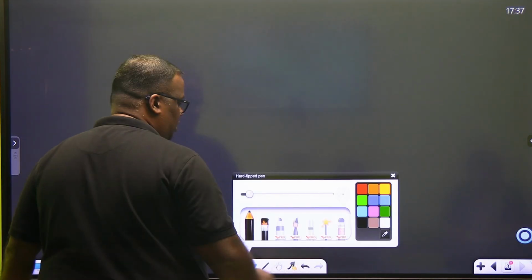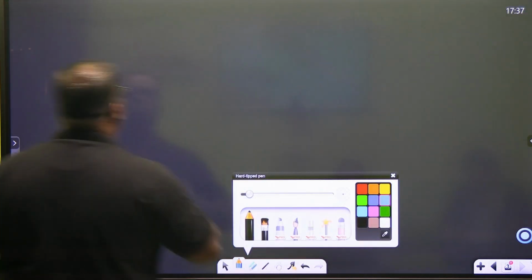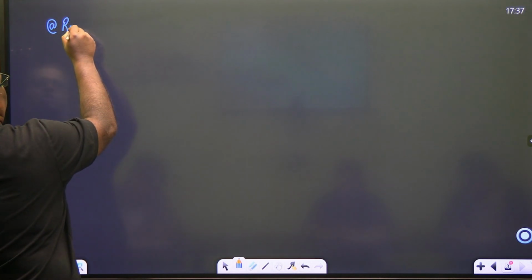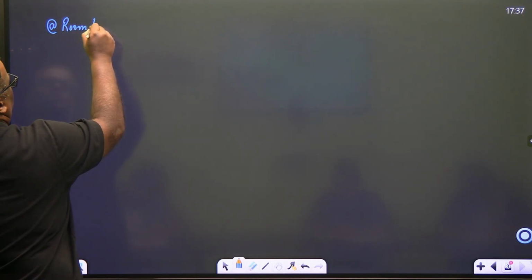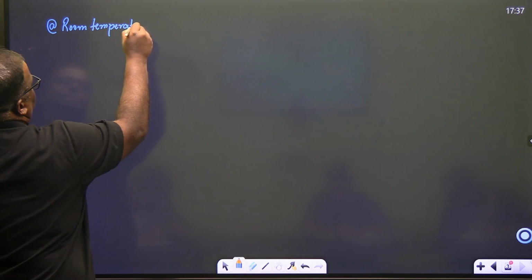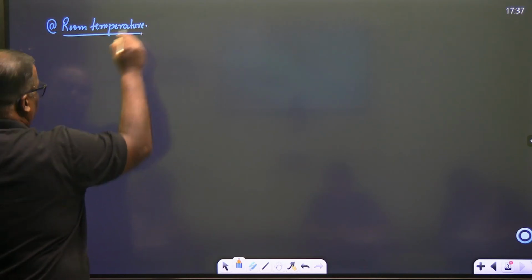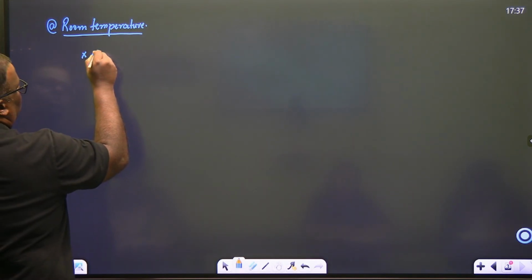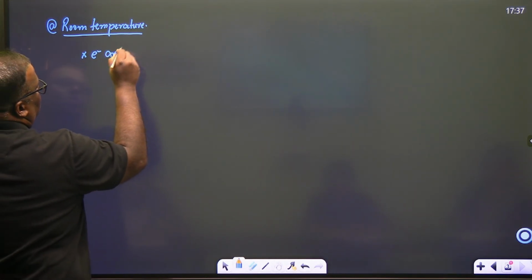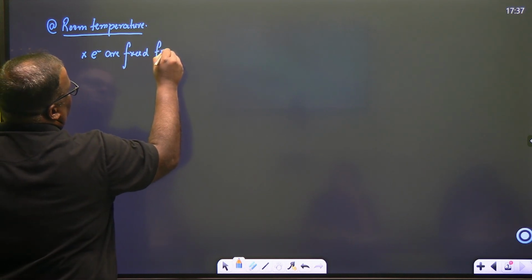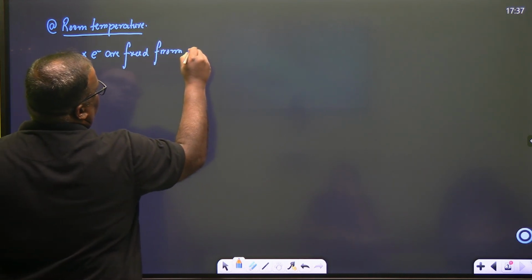Now our story is what happens at room temperature. This was the story at absolute zero, now at room temperature. At room temperature, electrons are freed from covalent bonds.